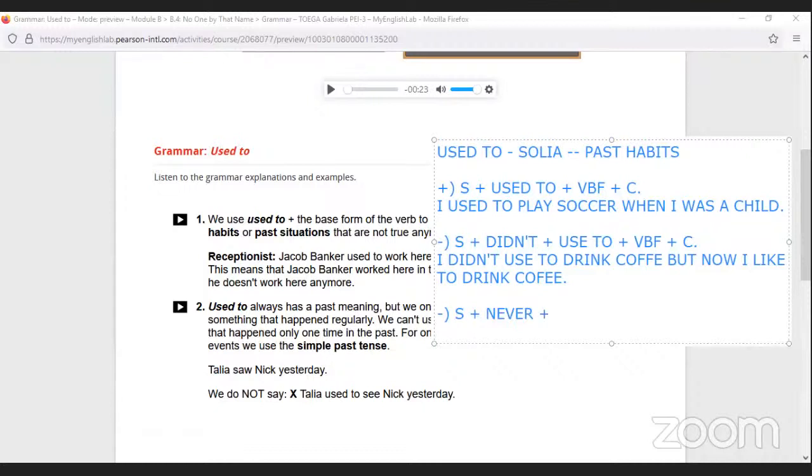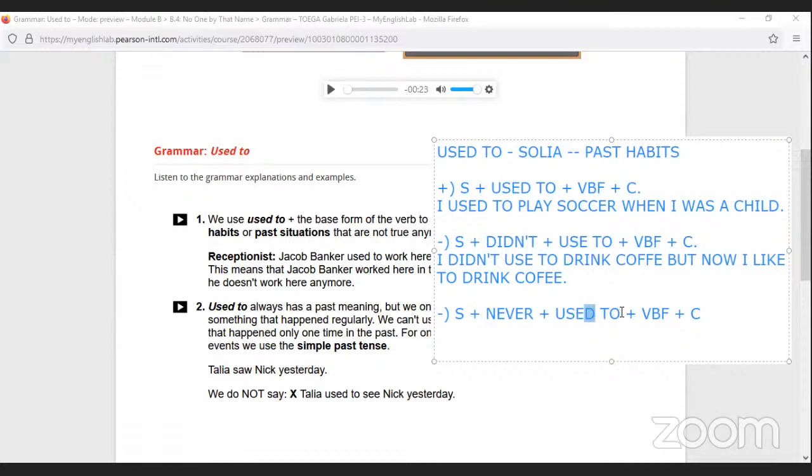And after this, we use the auxiliary used, and the verb in base form plus the complement. So I am using only this word in order to make it stronger, and used to with D because we are not using another auxiliary in past.